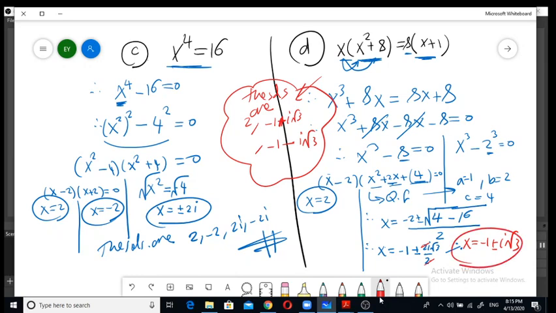So here we have three solutions: 2, negative 1 plus i square root of 3, and negative 1 minus i square root of 3.